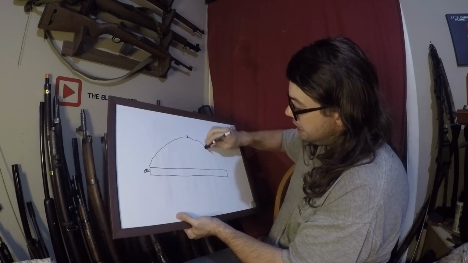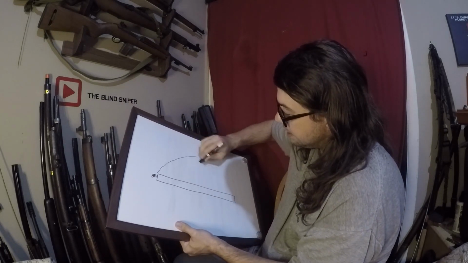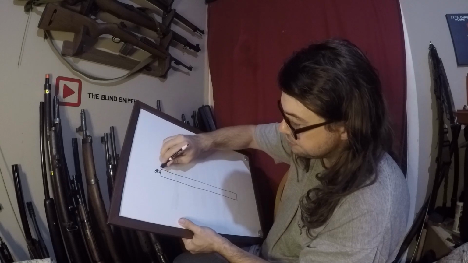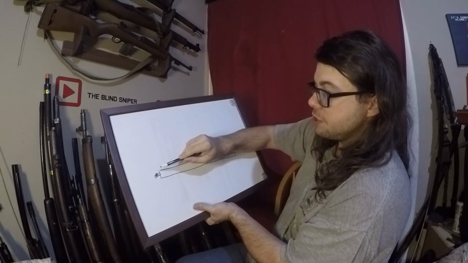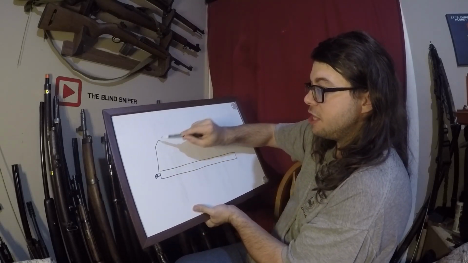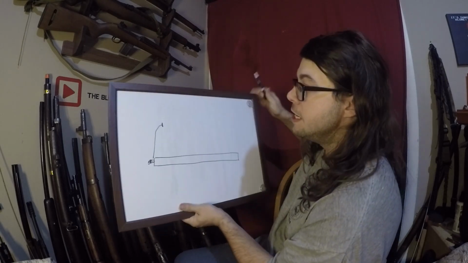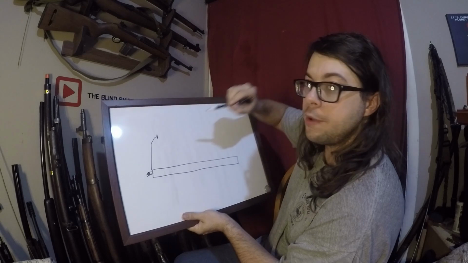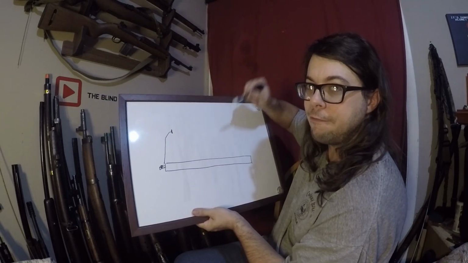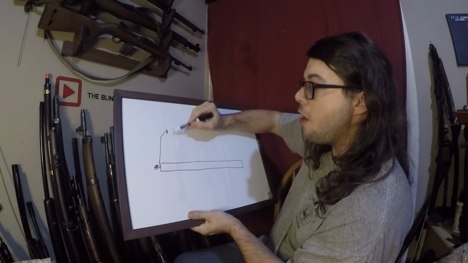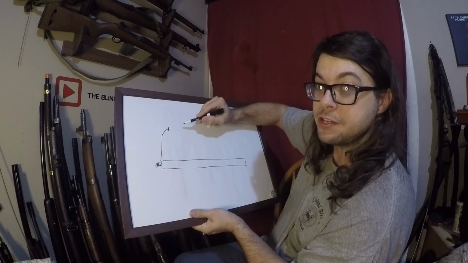If you use a fast burning powder, like say a pistol powder of some kind, to where your pressure curve just immediately jumps up to maximum pressure basically as soon as it is fired, then your pressure, although it is lower than what the rifle is able to handle, is already at a really, really high pressure.